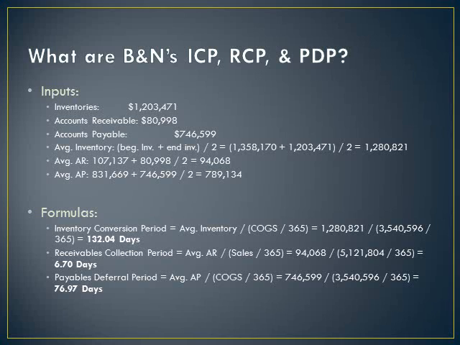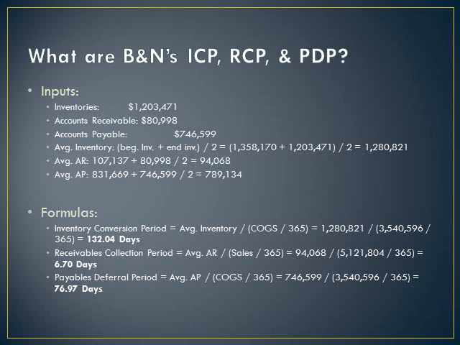For inventory, we get an average inventory of 1,280,821. For average accounts receivable, we get 94,068, and average accounts payable, we get 789,134.